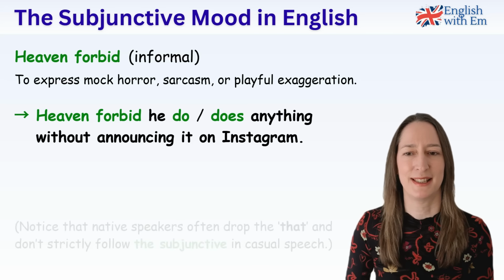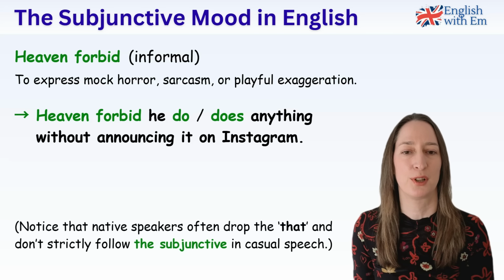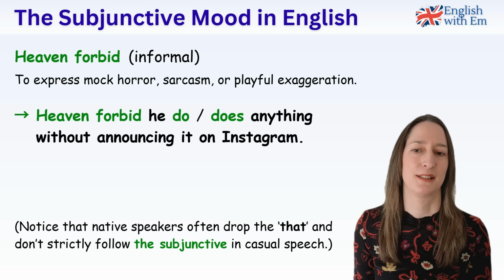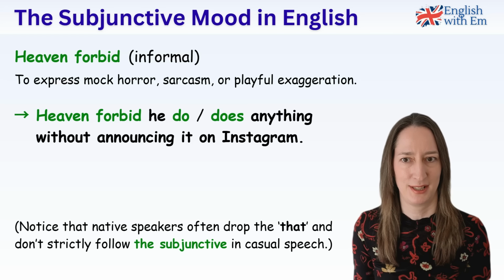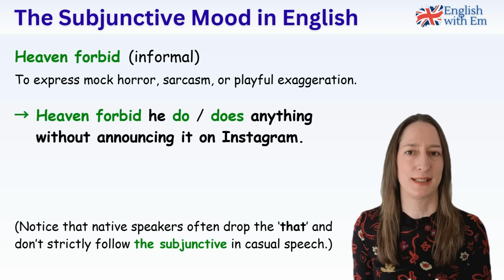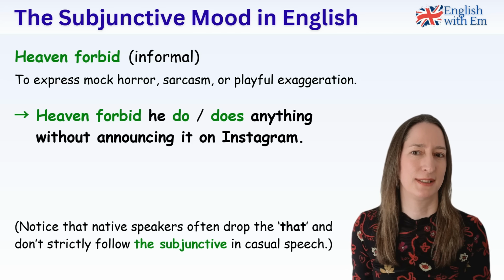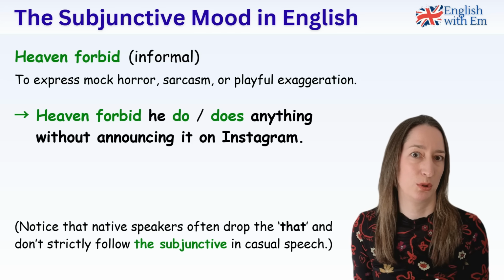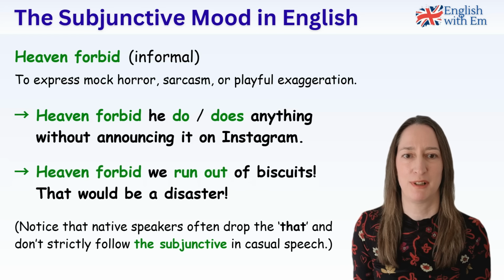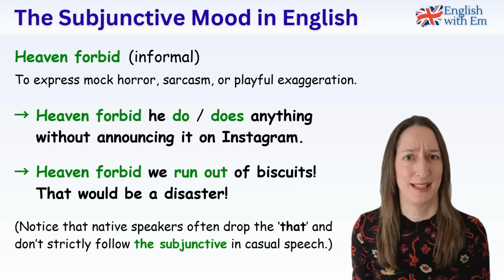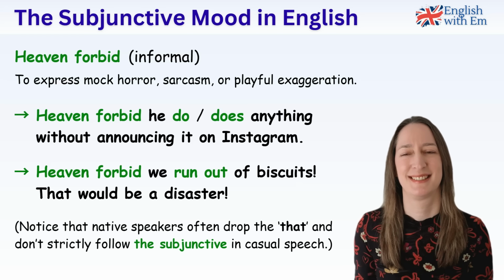And notice that native speakers often drop the that and don't strictly follow the subjunctive in casual speech. So when we're using this informally, you could say he do or he does. Heaven forbid we run out of biscuits. That would be a disaster.